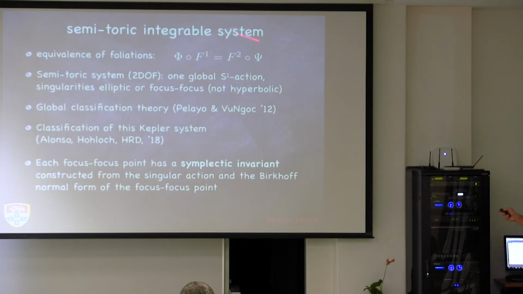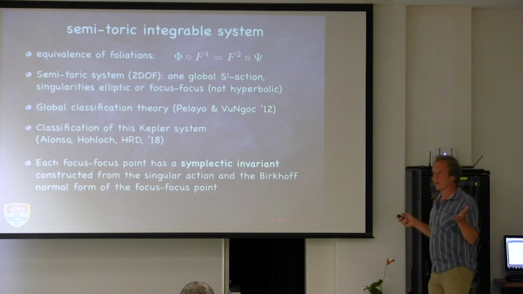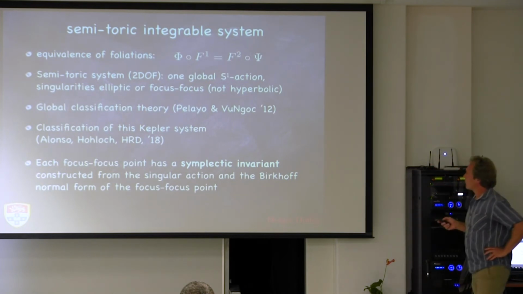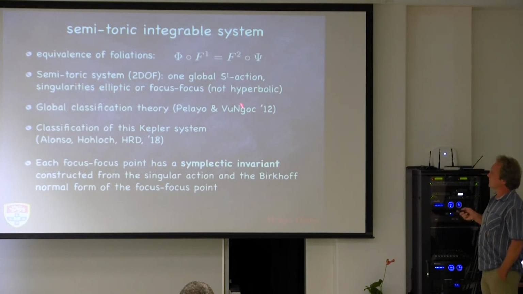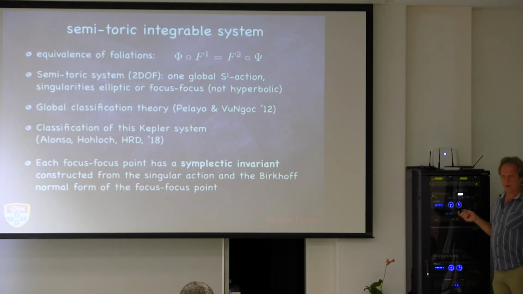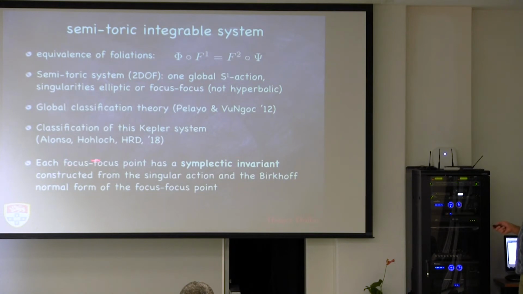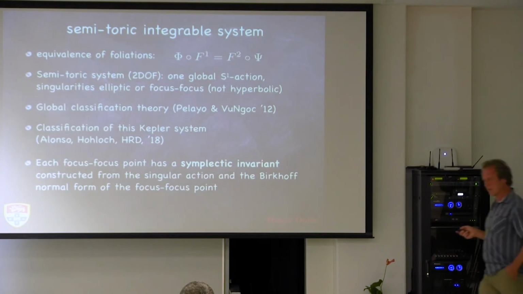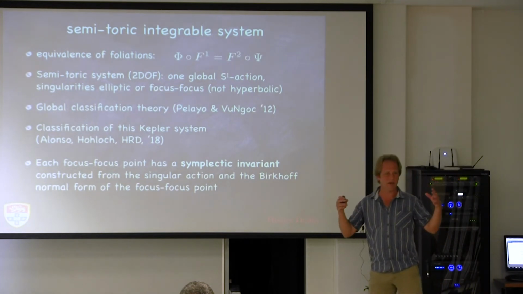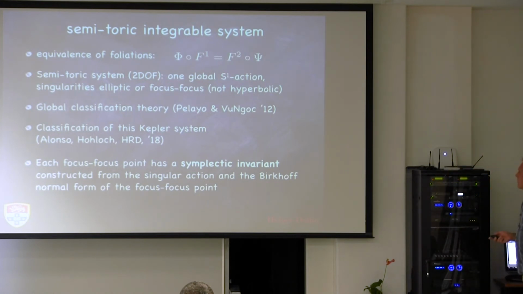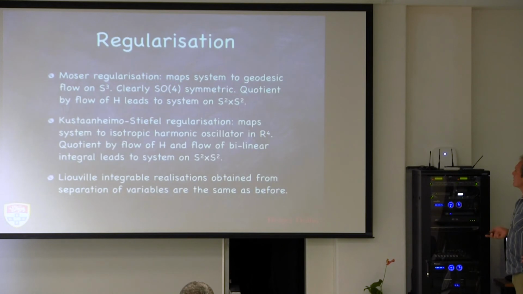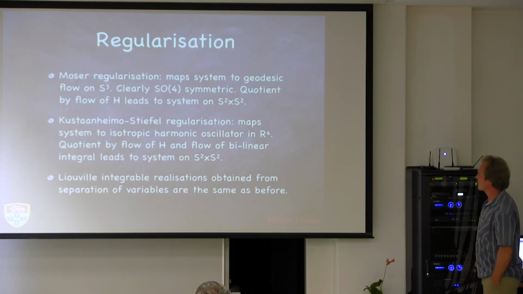That's the notion of equivalence, and then you ask, can you classify systems with this notion of equivalence? This classification has been done by Pelayo and Vu Ngoc, and we also looked at this for the Kepler system that I just described, and it can be done and written out. Each focus point has a symplectic invariant, which is not just like an eigenvalue, but a nonlinear invariant. It's infinitely many coefficients of a Taylor series of a smooth function, and we computed that function also in this case. Okay, but that's just a little aside towards classification of semi-toric systems.